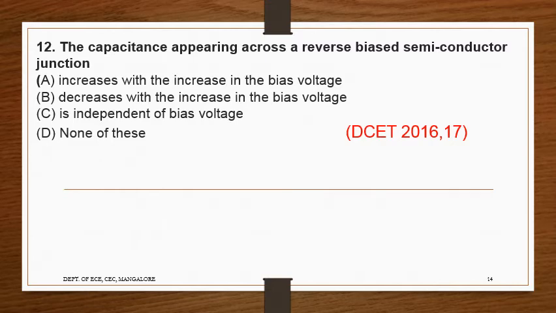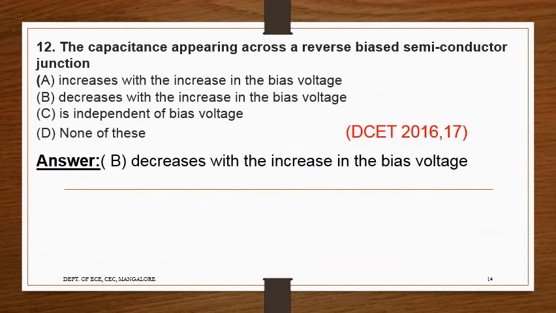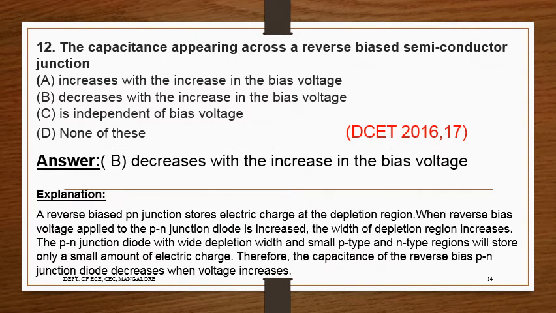The capacitance appearing across a reverse biased semiconductor junction: increases with increase in bias voltage, decreases with increase in bias voltage, is independent of bias voltage, none of this. We had seen a similar question. So the answer is decreases with increase in bias voltage.